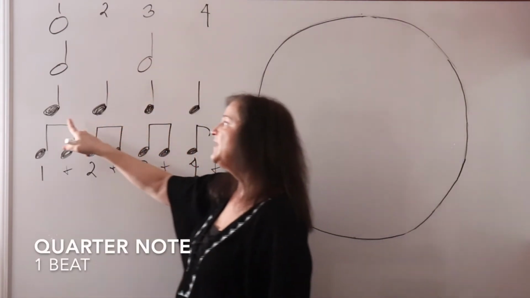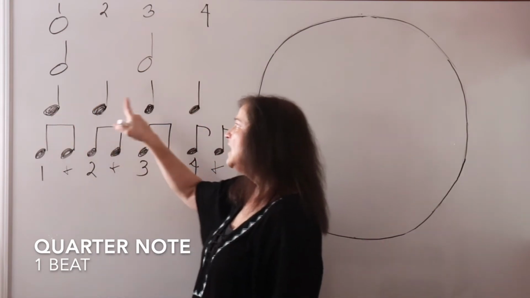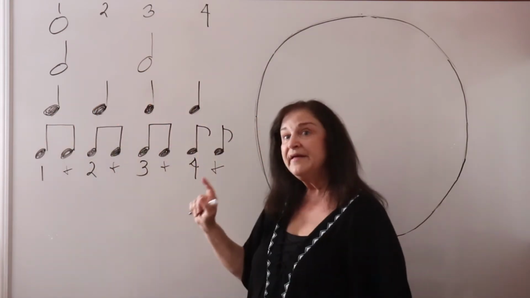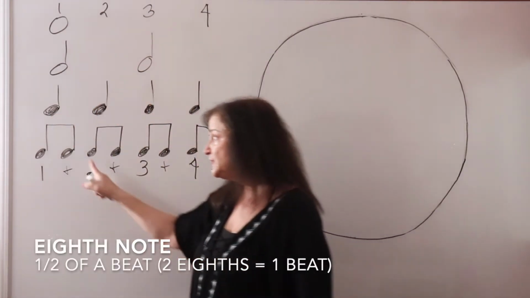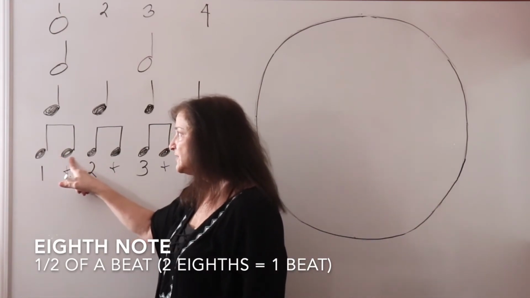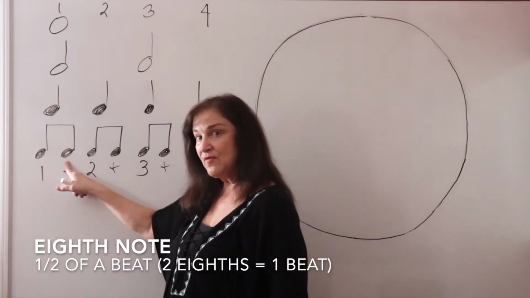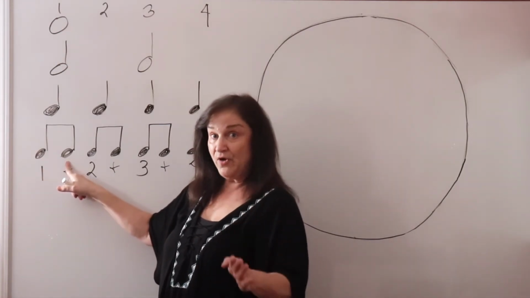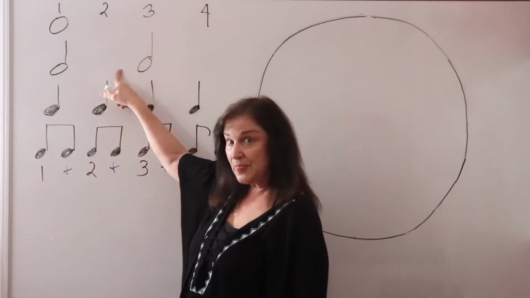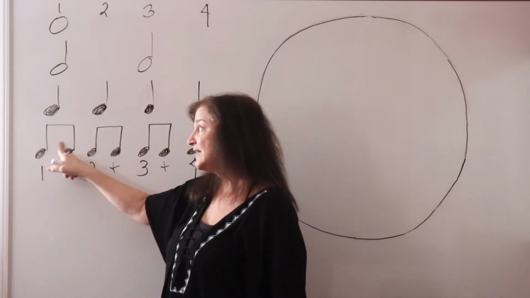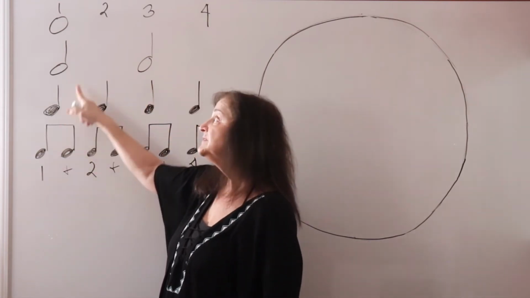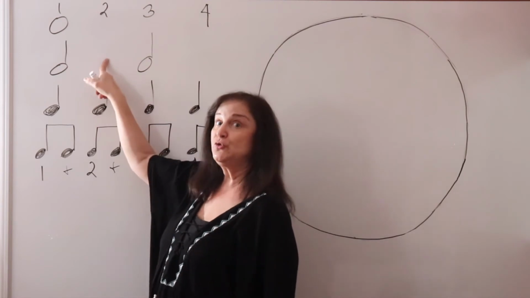Quarter note, 1 beat each. La, la, la, la. Eighth notes, 2 eighth notes equals 1 beat. So each of these are a half a beat. Don't confuse that though with our half note.